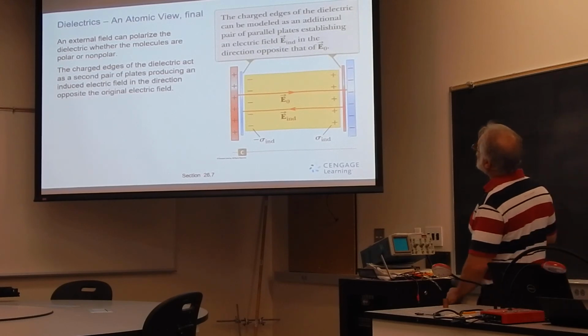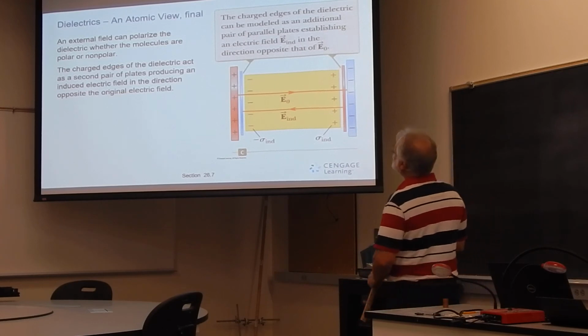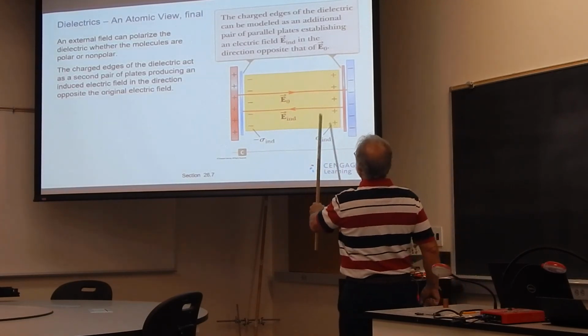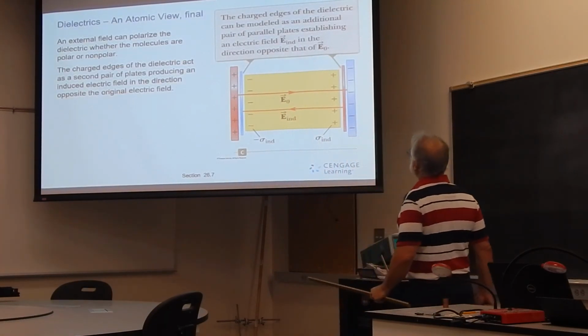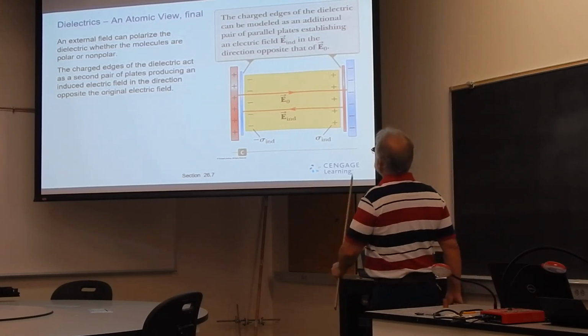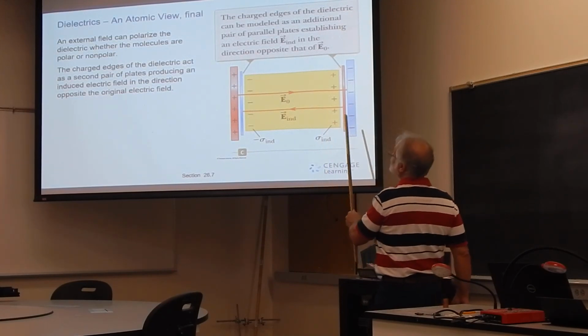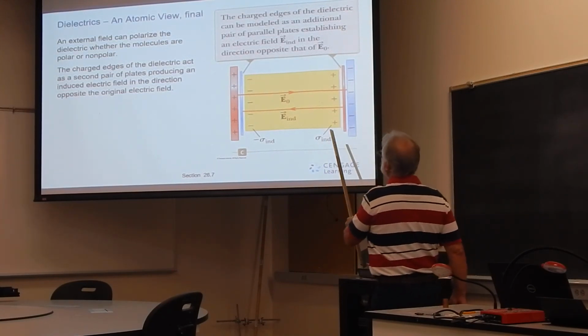By the same token, suppose I have an external field polarizing the dielectric in between the plates of a capacitor. Notice what will happen. The charged edges of the dielectric will act as a second pair of plates, producing an induced electric field in the opposite direction.